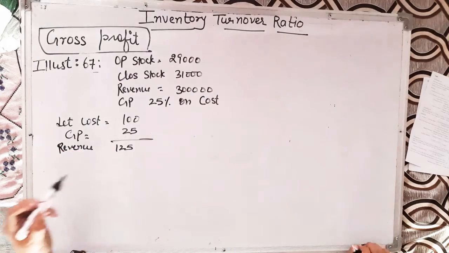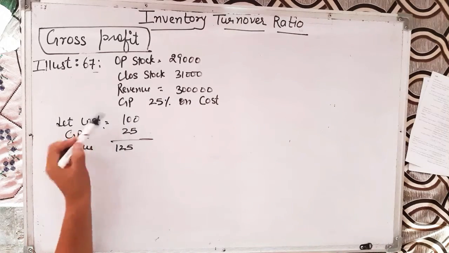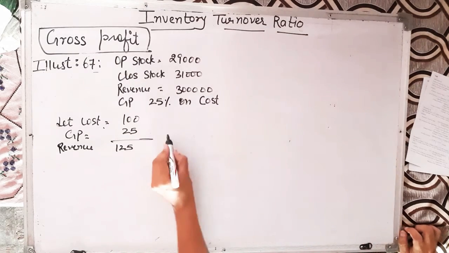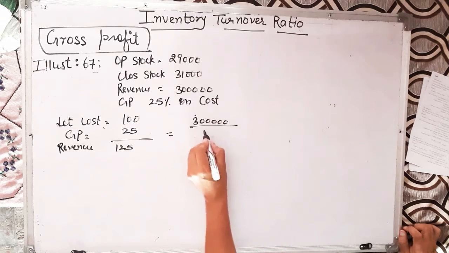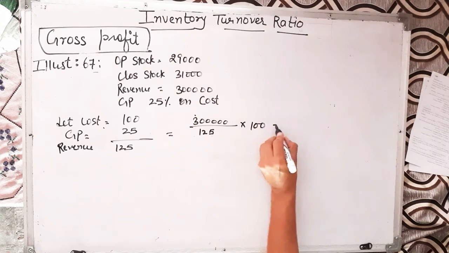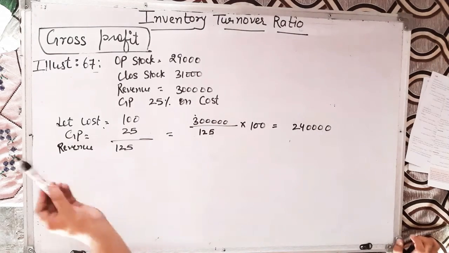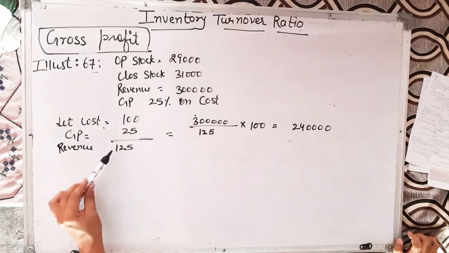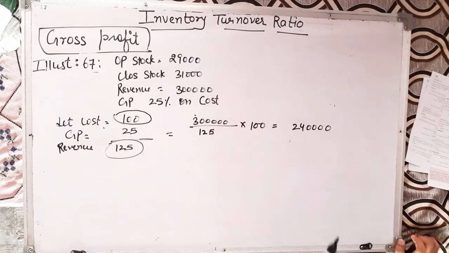So you have to remember that cost will always be less than revenue. So let cost is 100, GP on cost is 25%, and revenue is equal to 125. Revenue is equal to 3 lakh divided by 125 into 100 is equal to 2,40,000. When revenue from operation is given, we will divide it by revenue, and we want to find the cost, so we will multiply it by 100.